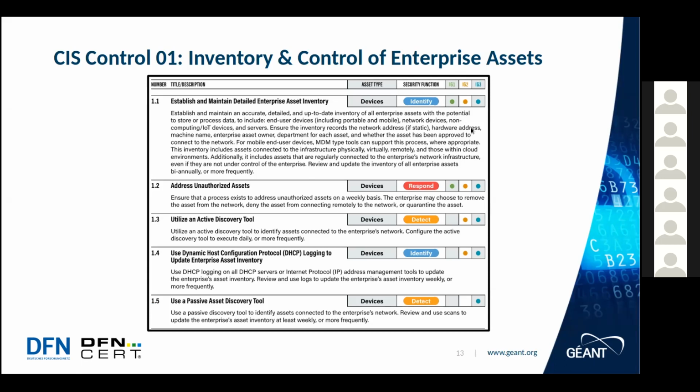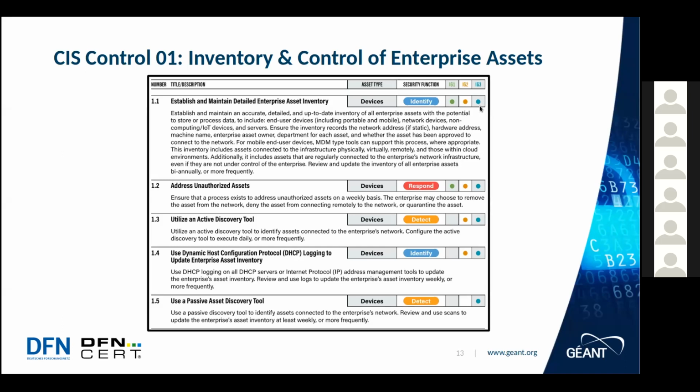The idea behind those implementation groups is that not all organizations or companies in the world will implement everything. So IG1, for example, is what they say is small or medium enterprises, which maybe have an IT person, but definitely not a security person. So they will definitely not implement all of the safeguards within those CIS controls. IG2 is a rather large organization, which has, of course, an IT department and maybe people who do security or protect your network.